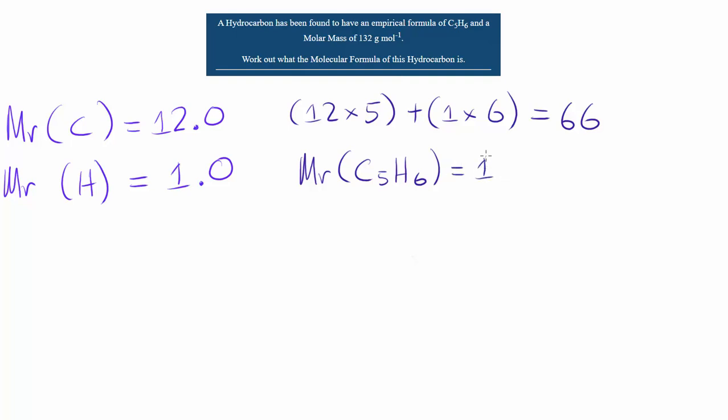Well, no, it's equal to 66. My bad. It's equal to 66, and we now need to compare this to the 132 we've been given in the question. We need to figure out what the multiplier is. You might be able to figure it out just based on visual inspection, but I'm going to articulate my reasoning in writing.